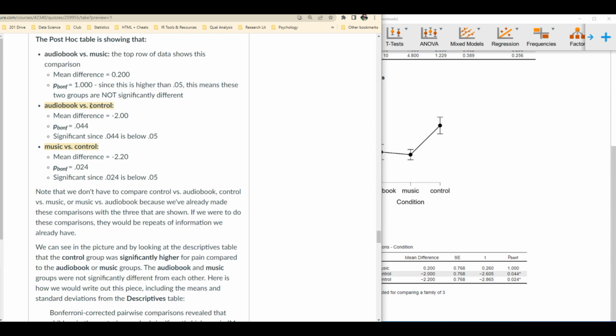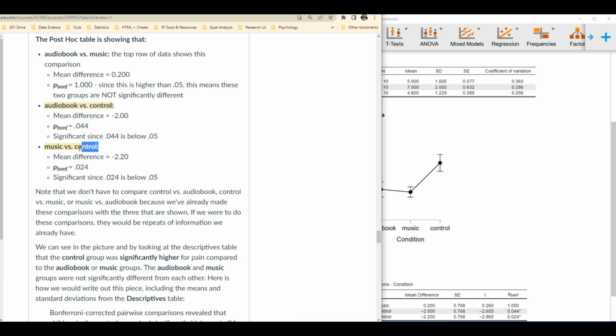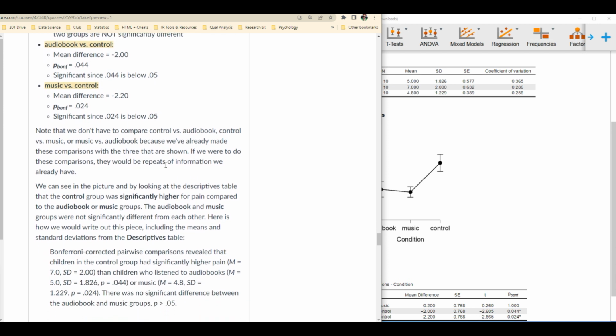So I see control here, and the control had significantly higher pain than the audiobooks, and control had significantly higher pain than music. So since control had significantly higher levels of pain than both of those, audiobooks and music, then that's going to be my most straightforward way of saying that.